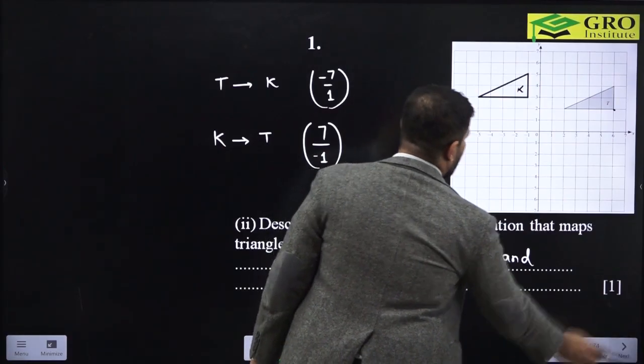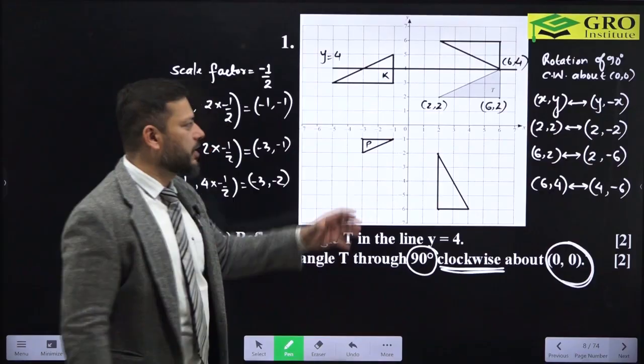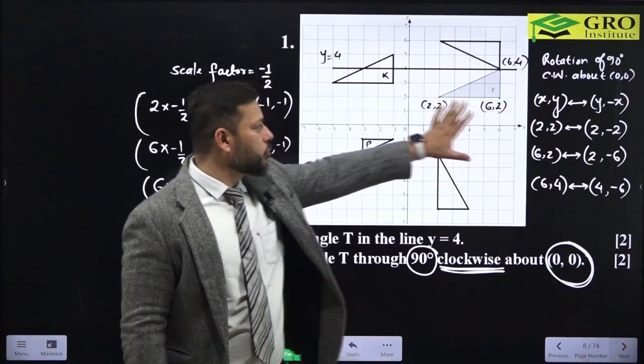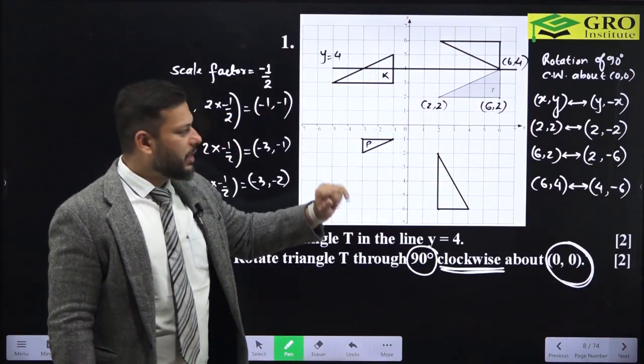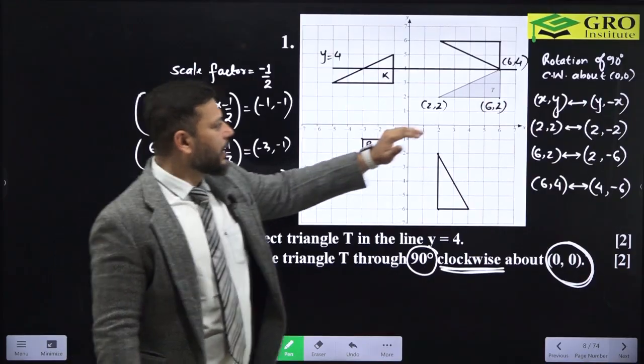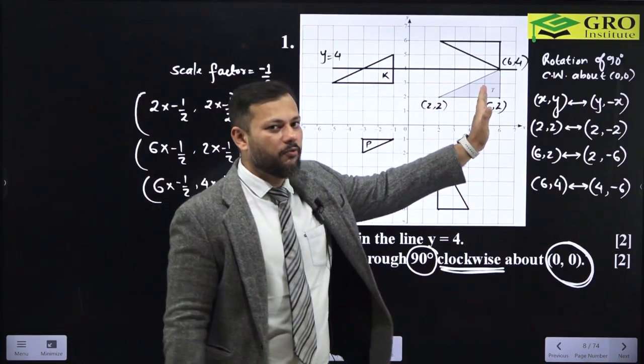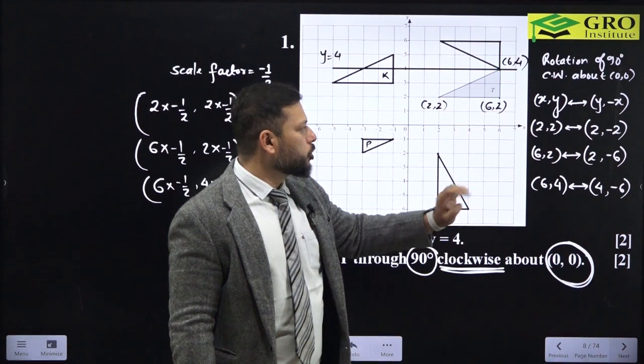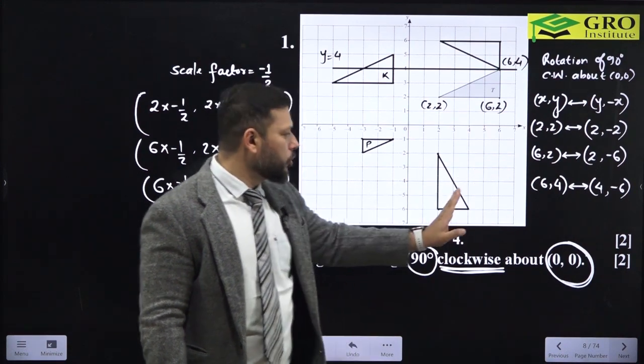Isn't this very interesting? If I look at it, we have translated triangle T to this new position K. Then we have reflected triangle T along this y equal to 4 line. We also have rotated triangle T to a new position.